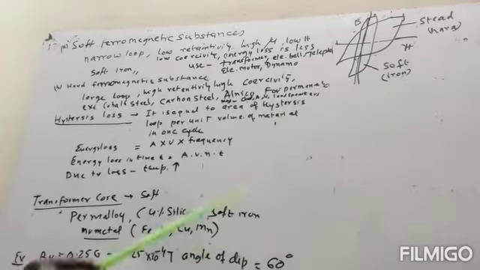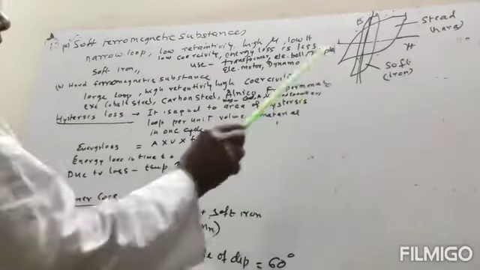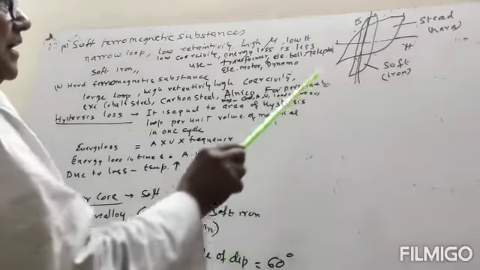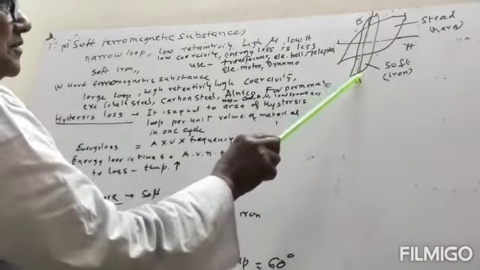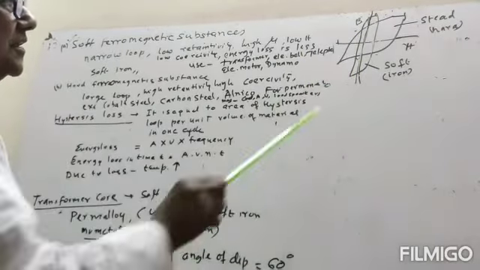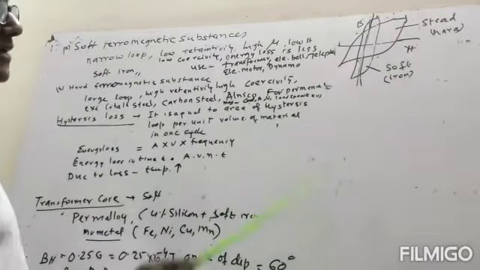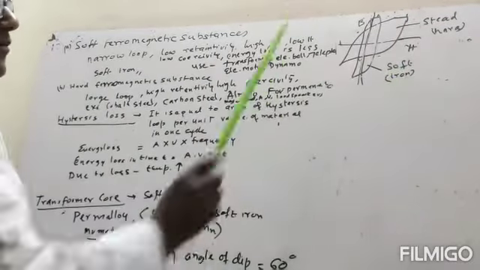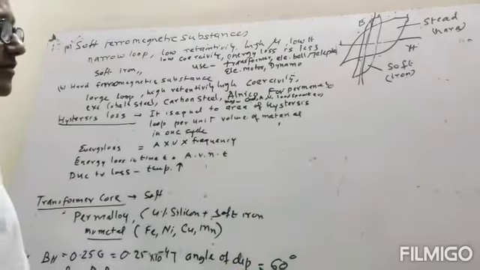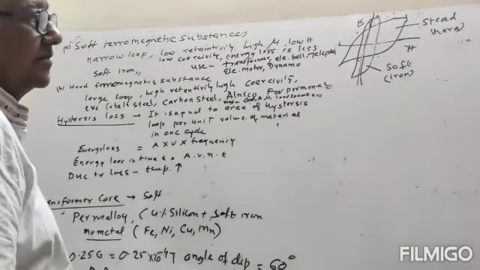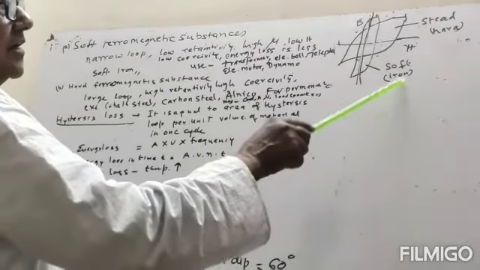Now if we draw the BH curve, and this is the small curve, and this is for the soft ferromagnetic substance, and the example is iron or soft iron.